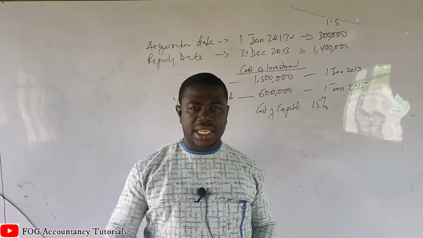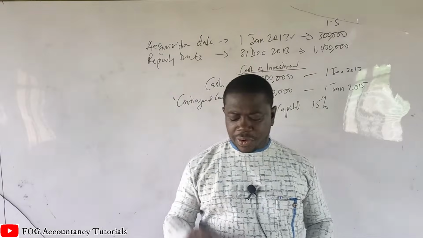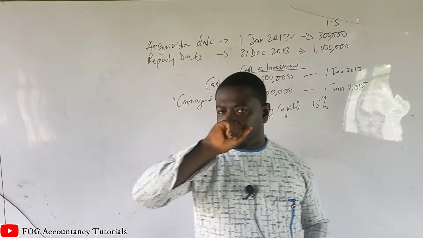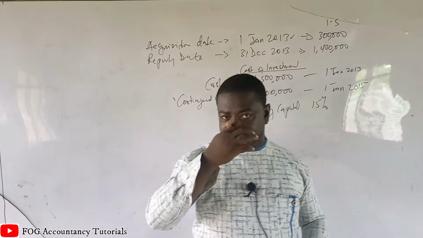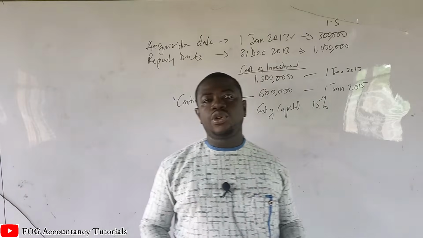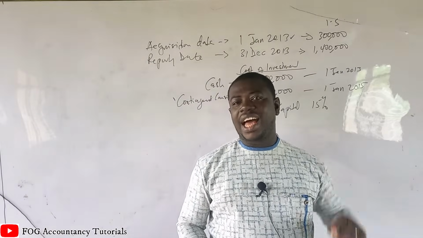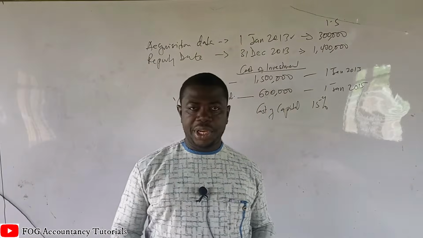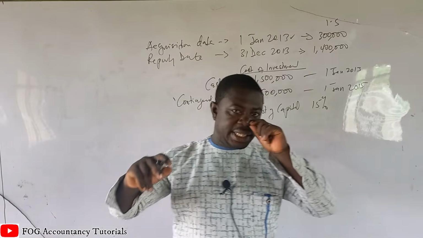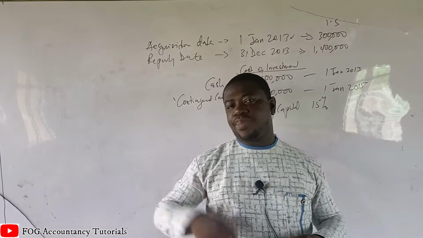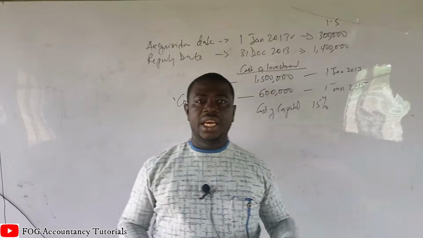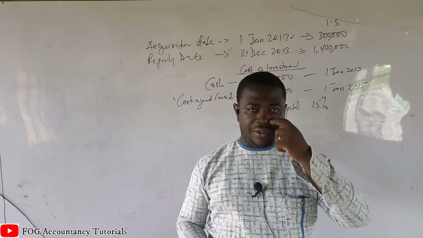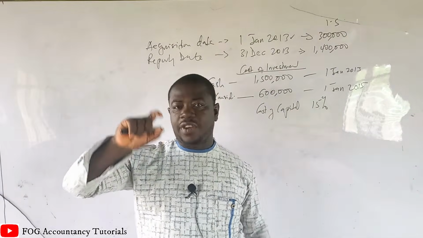You could see that in the current assets of ABL, they have showed 500,000 as being owed by GBL. And then GBL is also showing 400 as being owed to ABL. So there is inconsistency in the figures. This person says you owe me 500. The other one says I owe you 400. So what is the difference? The difference of 100.